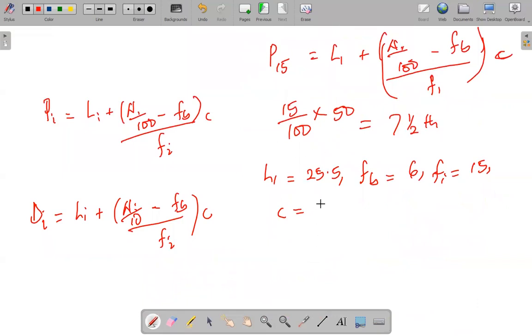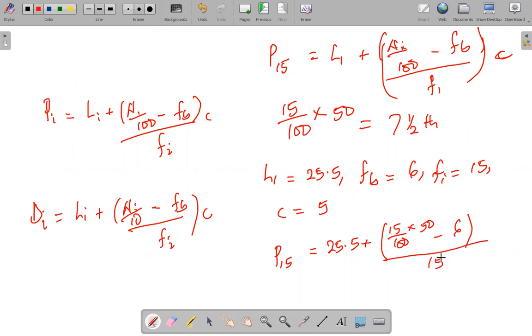Therefore, P15, the 15th percentile, will be Li, 25.5, plus Ni, which is 15 divided by 100 multiplied by 50, minus Fb, which is 6, divided by 15.